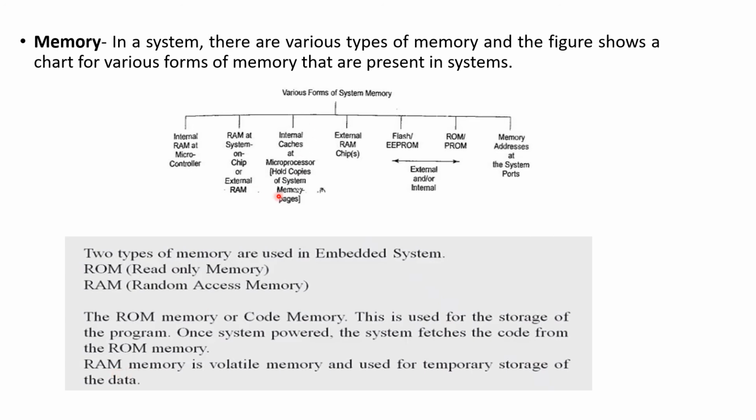So these are the various forms of system memory. And we can say for volatile data, that is the RAM memory, whether internal or external, it will store only variables when the program is running, or it can store temporary buffers in case of speech or image. And in the case of ROM, it is going to store the permanent types of data.